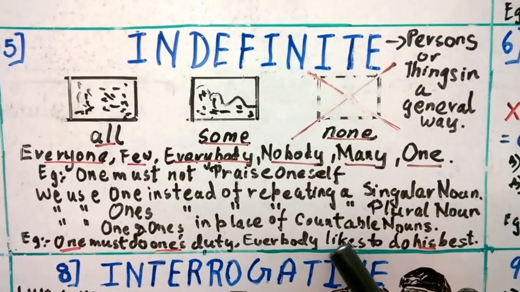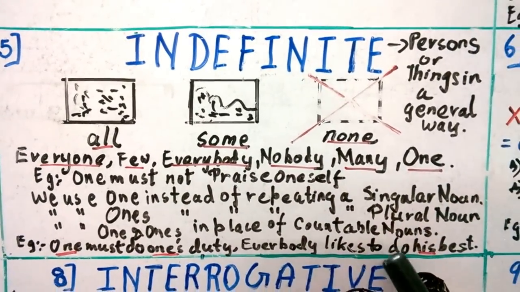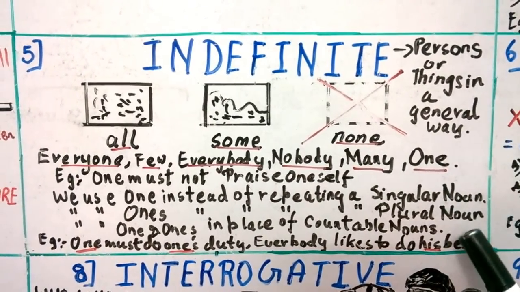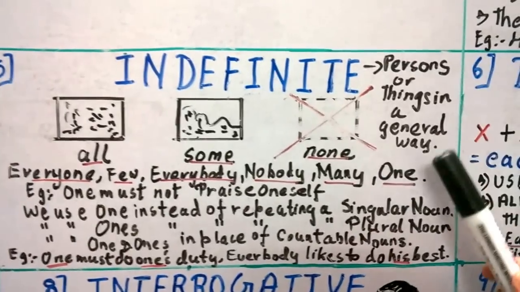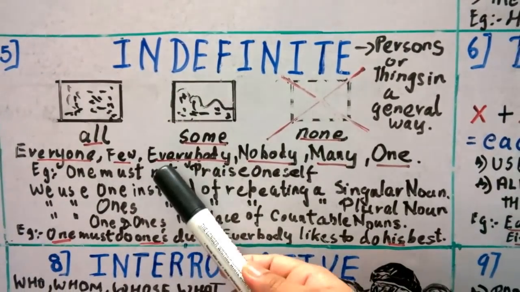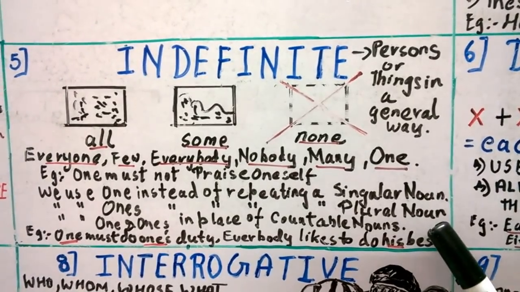So always use a singular masculine gender like he or she, like everybody likes to do his best. So this is all about indefinite pronouns, which is not specific, but is used in a general way, like all, some, none, everyone, few, everybody, nobody, many, and one.